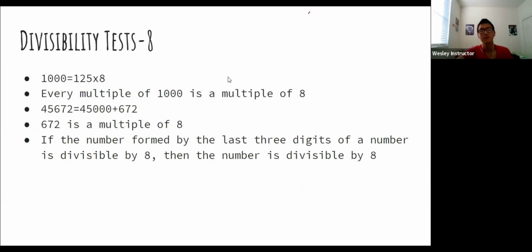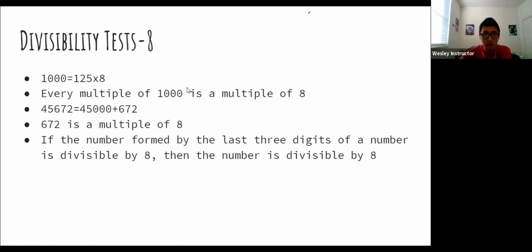Okay, 8. Very similar to 4, except we split it up at the thousands place. First off, 1,000 is divisible by 8, so every multiple of 1,000 is a multiple of 8. So when we do this to a number, we split it up again. For example, 45,672 becomes 45,000 plus 672.